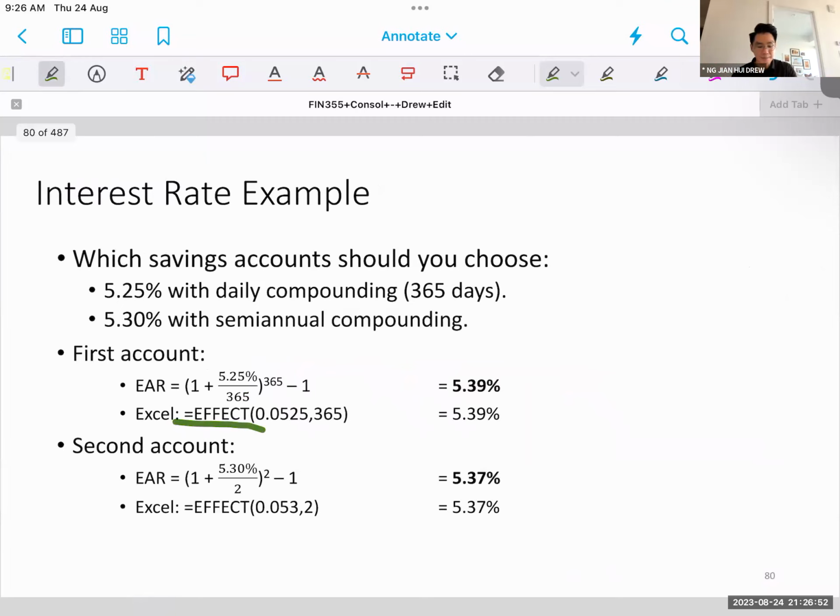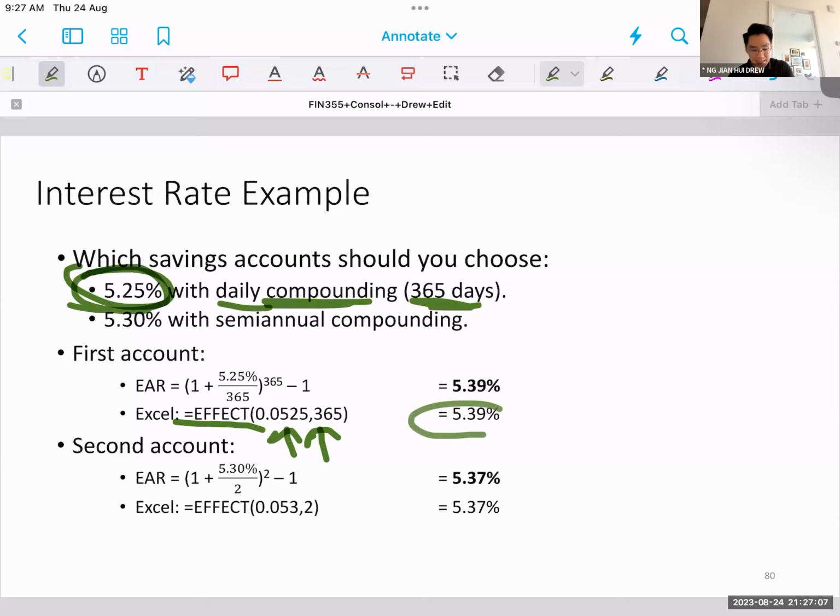EFF is T. So we plug in the formula. If this is the nominal, and we know it's daily compounding, we just plug in this as the nominal and the number of days, and we get the answer here. So never use the manual method, just use Excel.